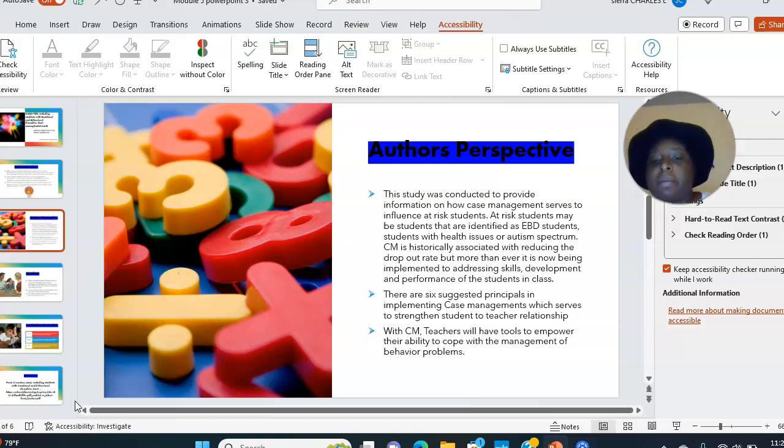So it's extremely important that teachers get training and understand the significance of how to use case management protocols. With case management, teachers will have the tools to empower their ability to cope with the management of behavioral problems within the classroom.